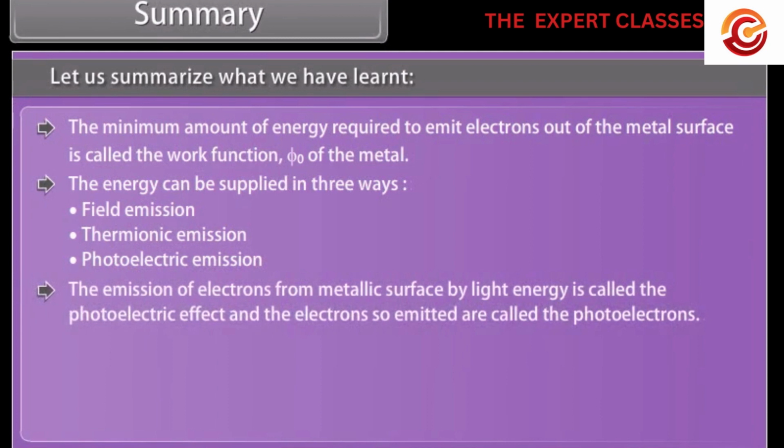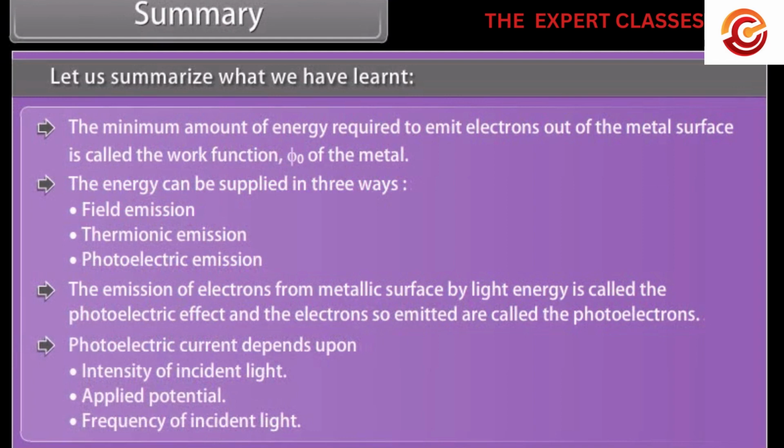The emission of electrons from a metallic surface by light energy is called the photoelectric effect, and the electrons so emitted are called the photoelectrons. Photoelectric current depends upon intensity of incident light, applied potential, and frequency of incident light.